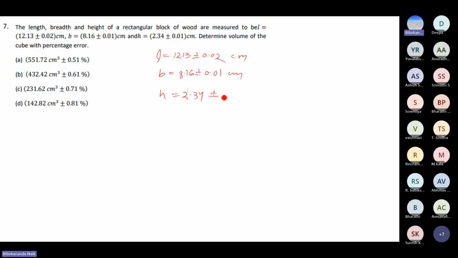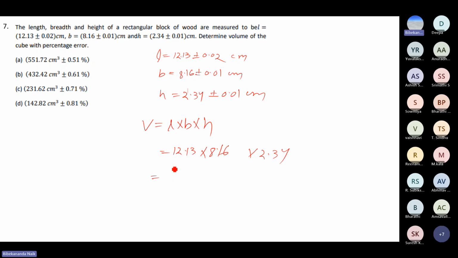Height is 2.34 plus minus 0.01 centimeter. Since the volume is L into B into H, the best estimated value will be 12.13 into 8.16 into 2.34.